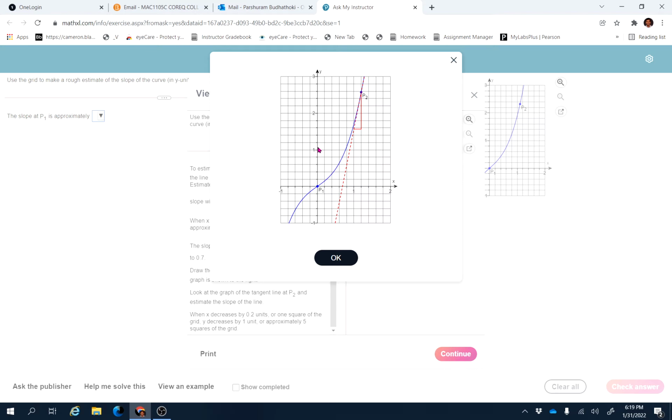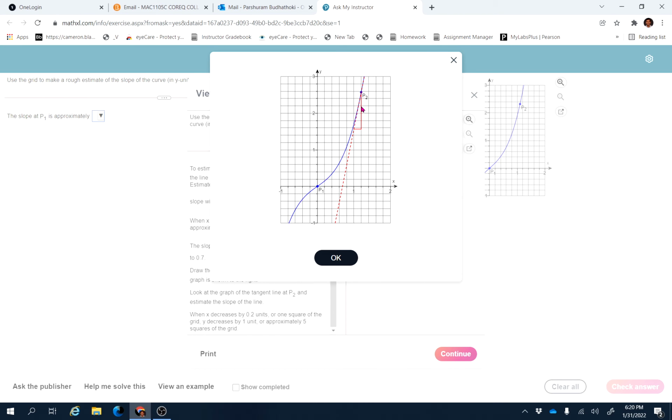They are divided into 2 units here, 2, 4 and then 6, less than 6. So it's about 5.6 or something. So that's the y coordinate, and x coordinate is 1.